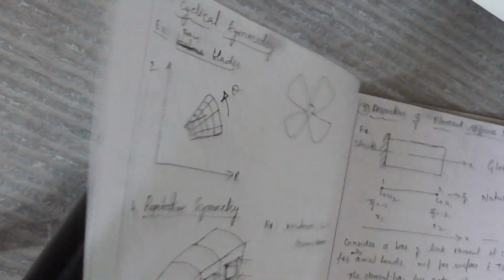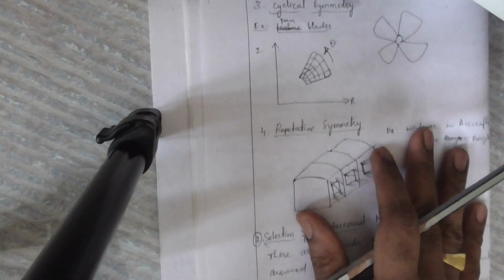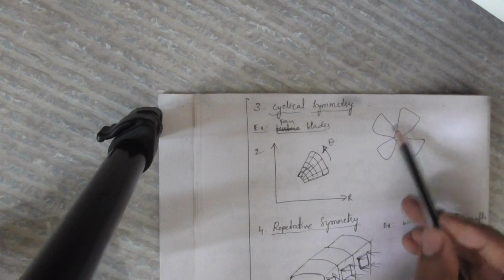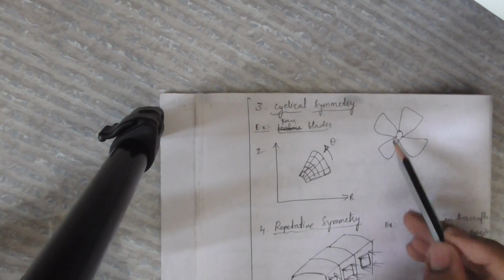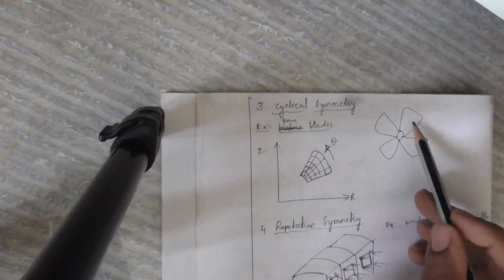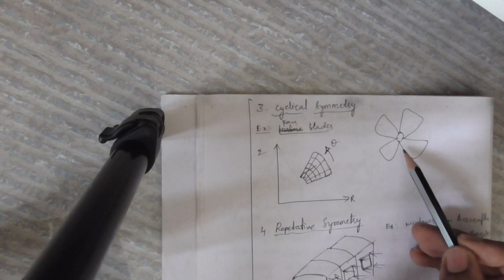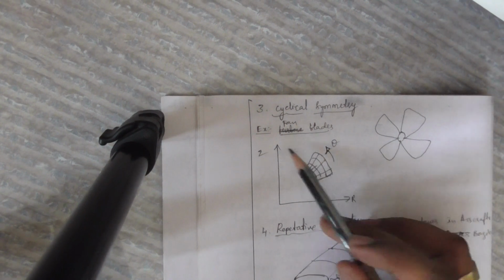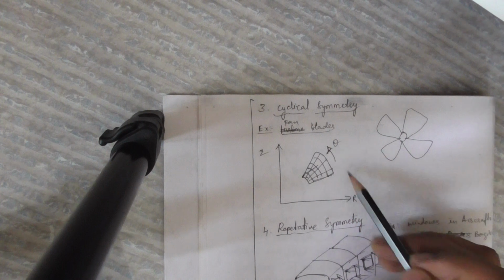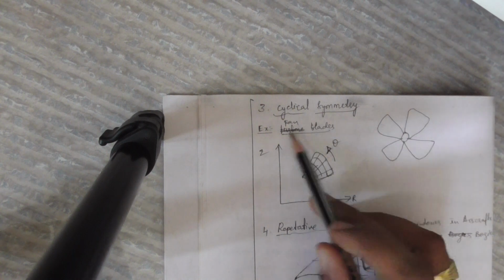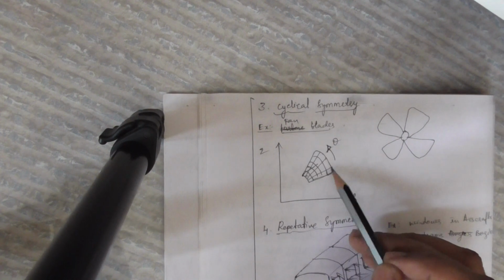Then one more symmetry is cyclical symmetry. You can see the cyclical symmetry here: fan or turbine blades, I said. All the blades are subjected to the same kind of pressure or force. That is in the R theta Z coordinate, the polar coordinates. Fan blades or turbine blades you can analyze.